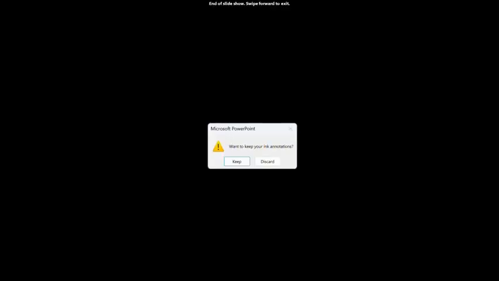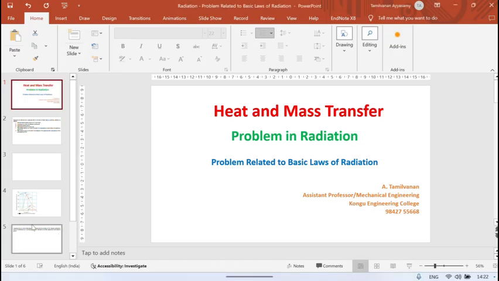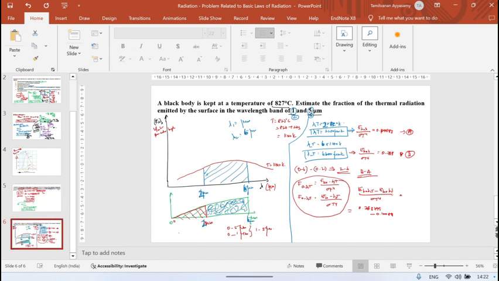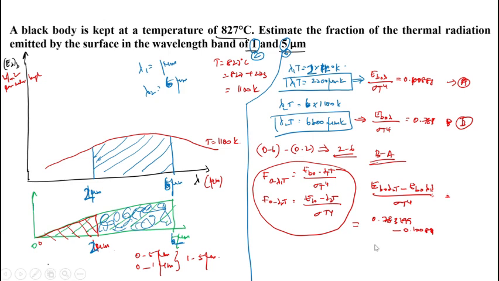Fine. So finally, EB of lambda 2 to lambda 1 divided by sigma T to the 4, after the subtraction, is equal to 0.6334.